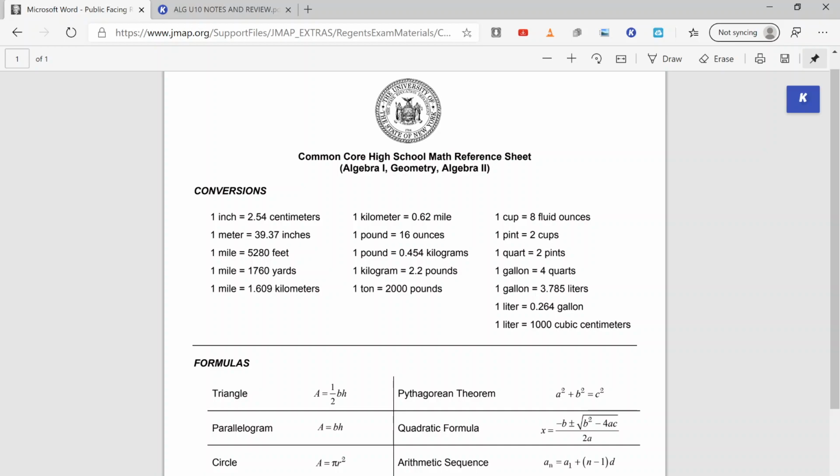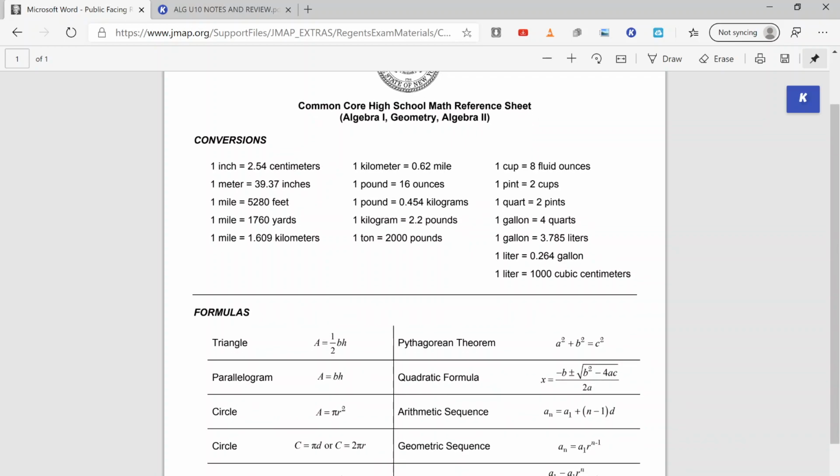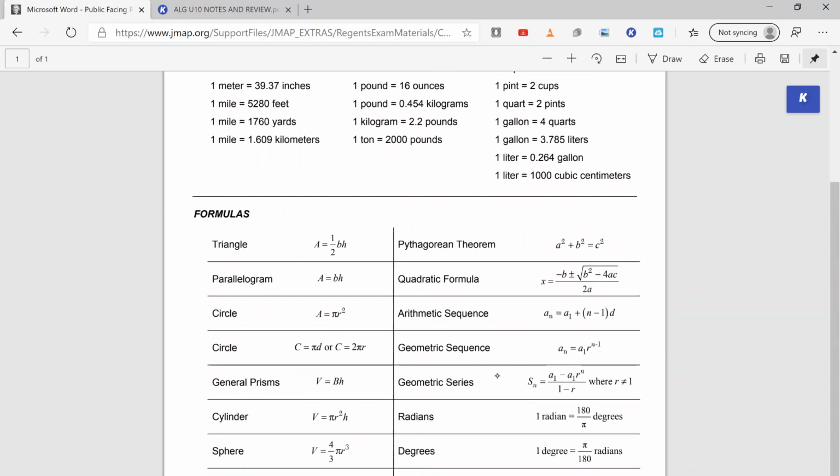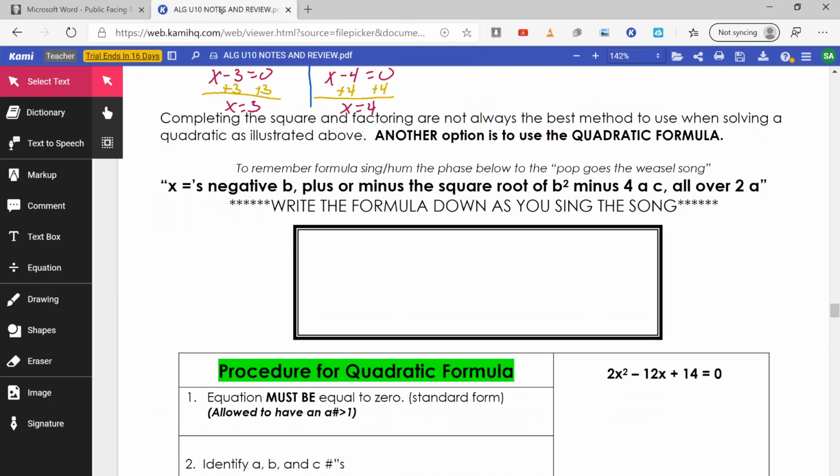It's for all 3 courses that you take a Regents exam for. It's going to have conversions up top, and a whole bunch of different formulas. One of them happens to be the quadratic formula. So you do not have to memorize it. If you don't memorize it, fine, because you get it on the reference sheet when you take the exam. However, if you do memorize it, again, no real biggie.